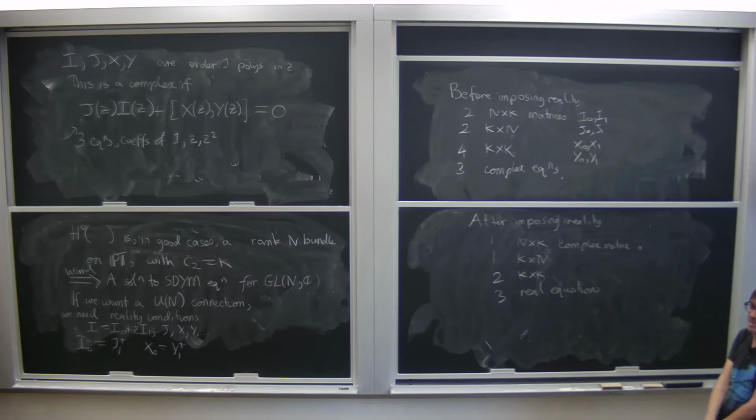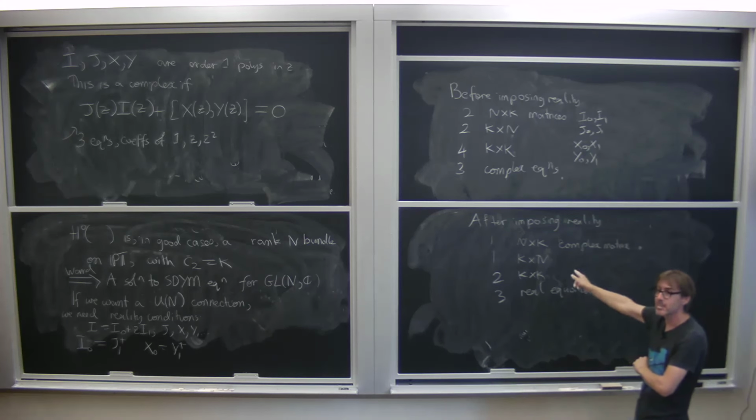Yes, and that seems really non-obvious. I suppose so. But yes, it's definitely a statement in pure algebraic geometry. But it's only a bijection if we impose these reality conditions, though.